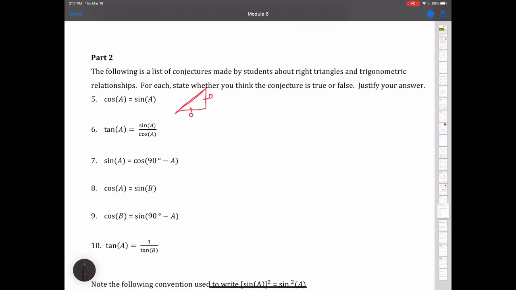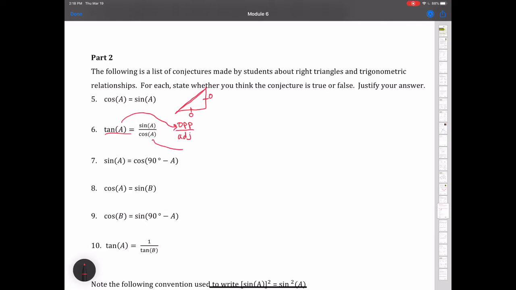Now, number 6, tangent of A is equal to sine of A over cosine of A. So this one's a little tricky, but we need to think about what all of these ratios are. Well, I know tangent is opposite over adjacent, right? So I'm going to say opposite over adjacent, and I'm rewriting this here like this.